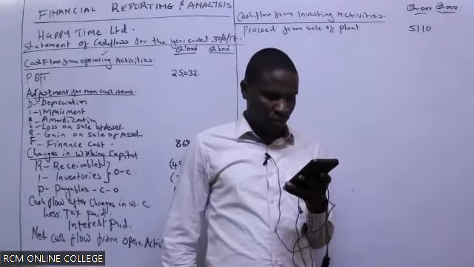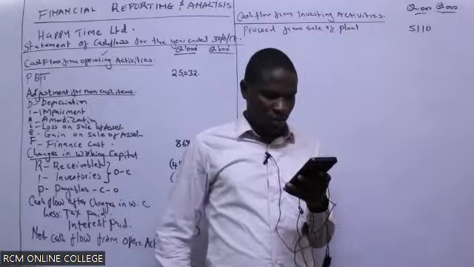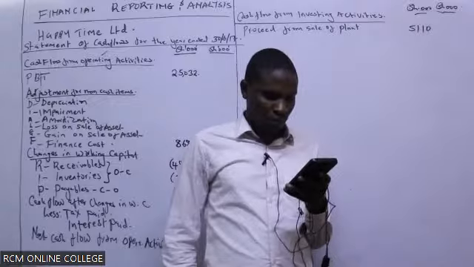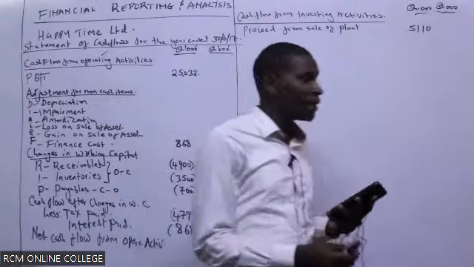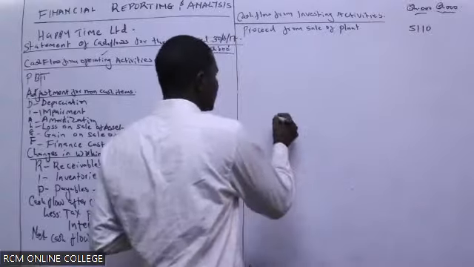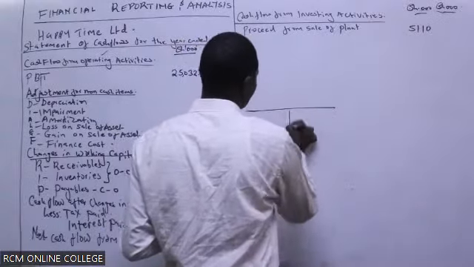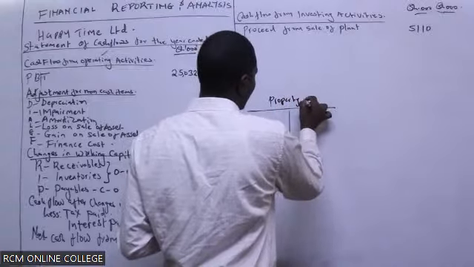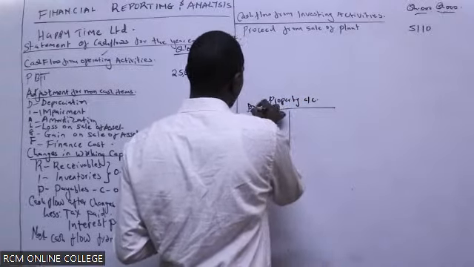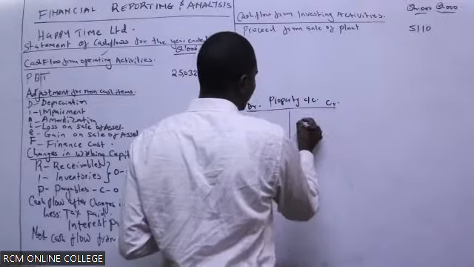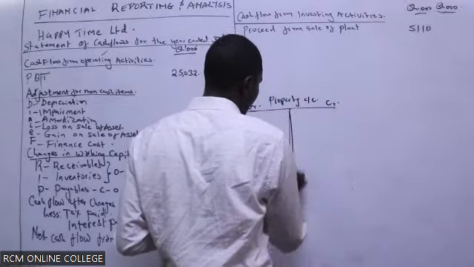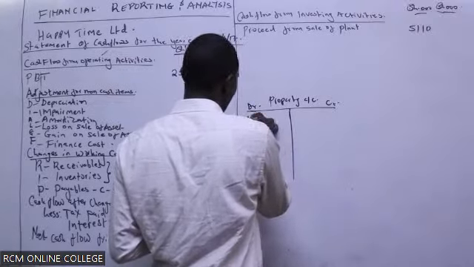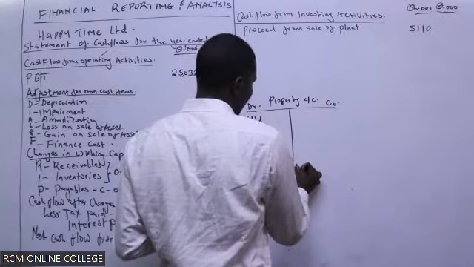All right, let's prepare this property account. This is debit, this is credit. So this property is an asset. It has a debit balance. So balance brought down, balance carried down.